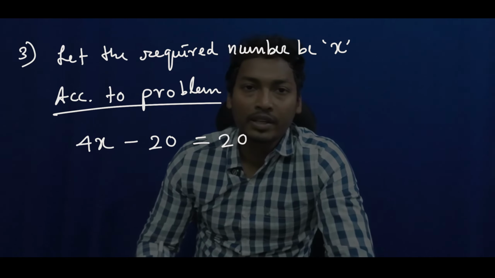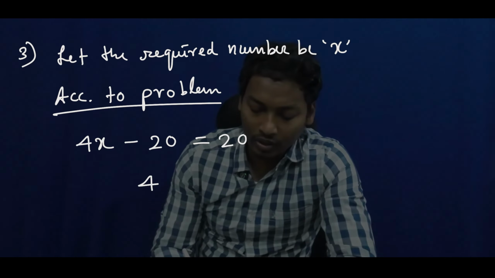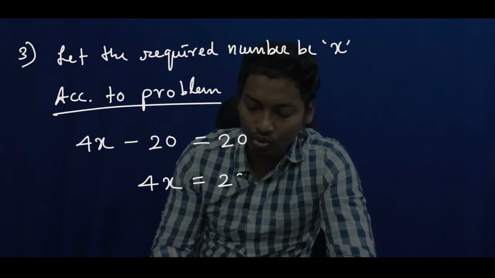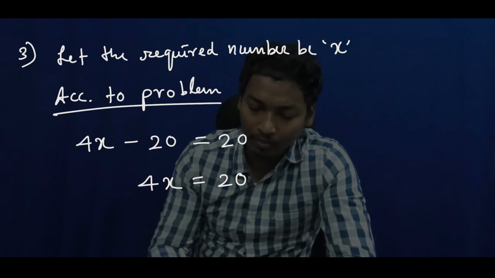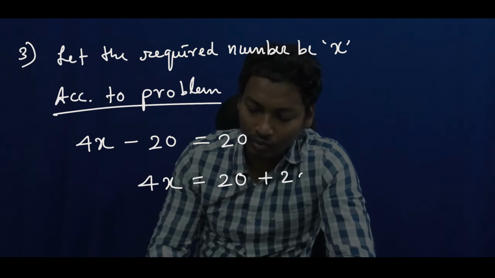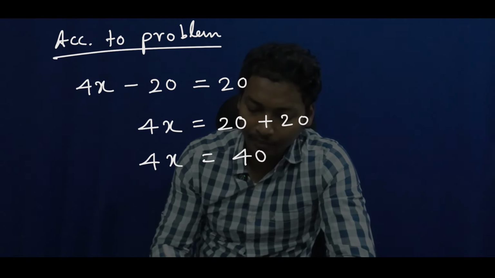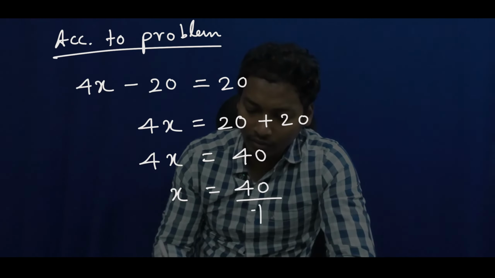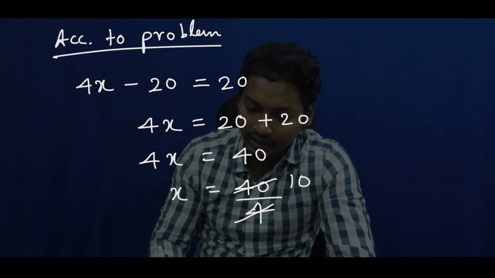Now the only thing left is to solve the equation correctly. So let's transpose negative 20 on the other side. So negative 20 transposed on the other side will become positive 20. So 20 plus 20 will give you 40. Now x will be equal to 40 by 4, that is equal to 10.